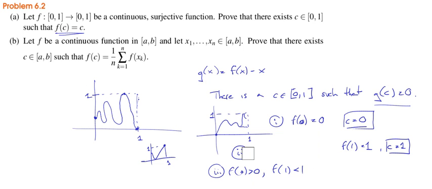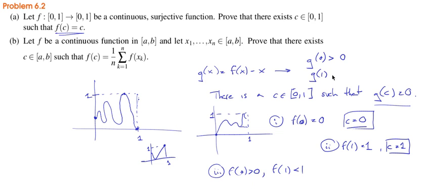What happens if both f of 0 is greater than 0 and f of 1 is smaller than 1? Well, if f of 0 is greater than 0, then g of 0 is greater than 0, because we have something that's greater than 0, minus 0.